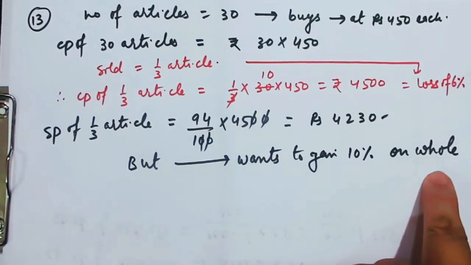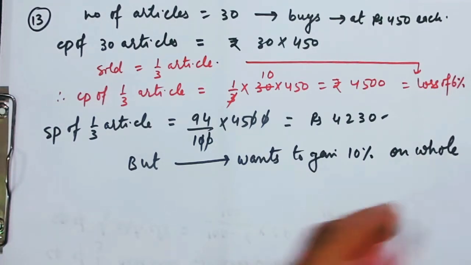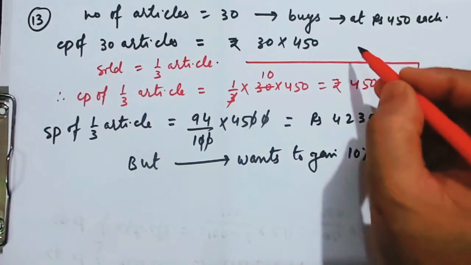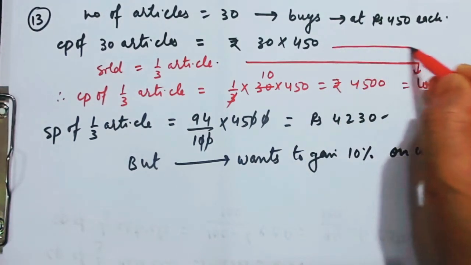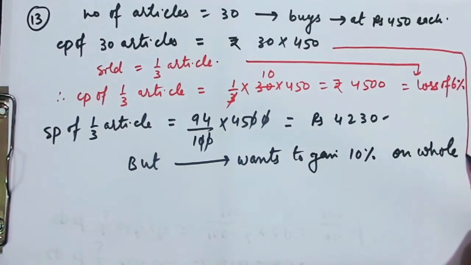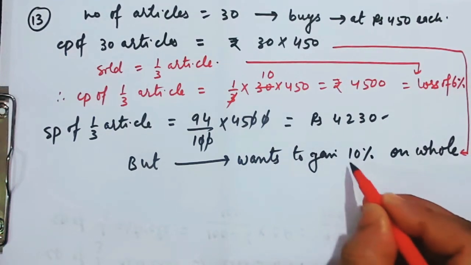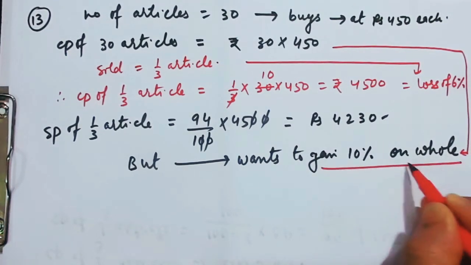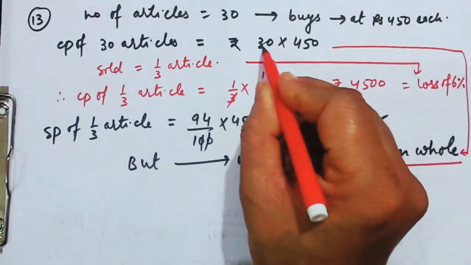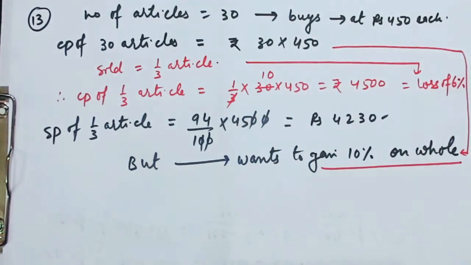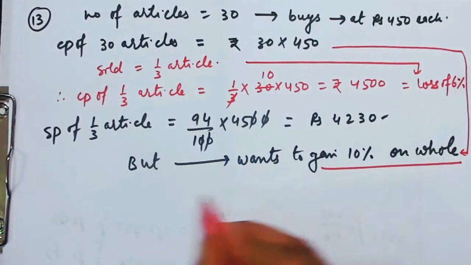What do you mean by whole? Whole means your 30 into 450, on this cost price. So gain 10% on the total cost price, 30 into 450.